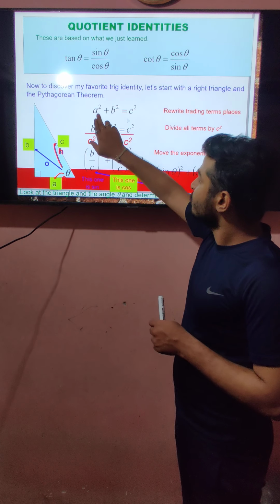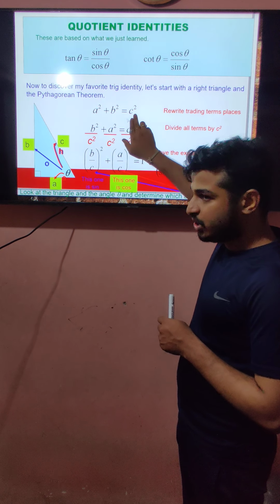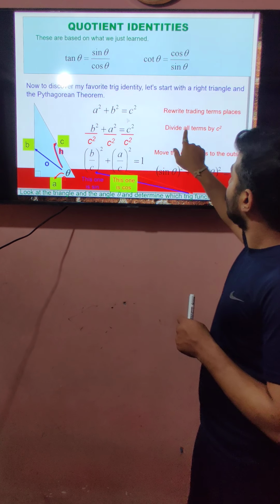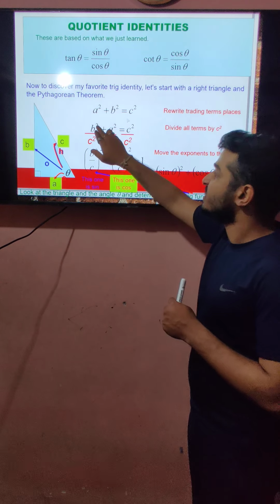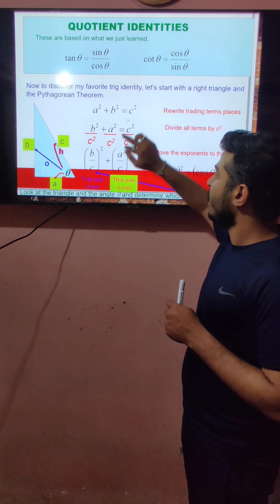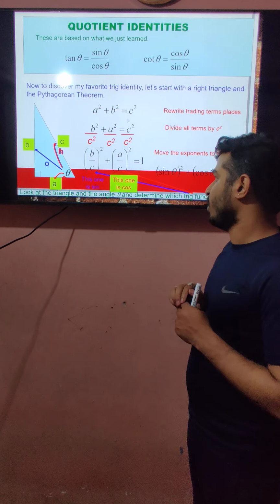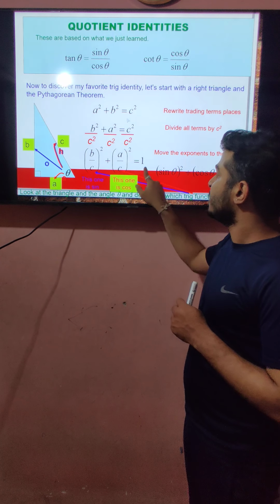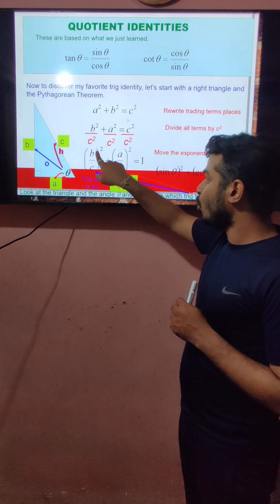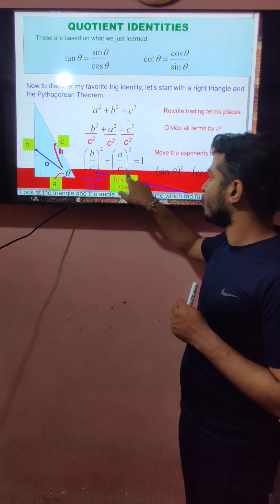As per Pythagoras theorem, a square plus b square is equal to c square. Divide all the terms by c square: b square divided by c square, a square divided by c square, and c square divided by c square. The c square cancels, so it remains 1. So b by c whole square plus a by c whole square.